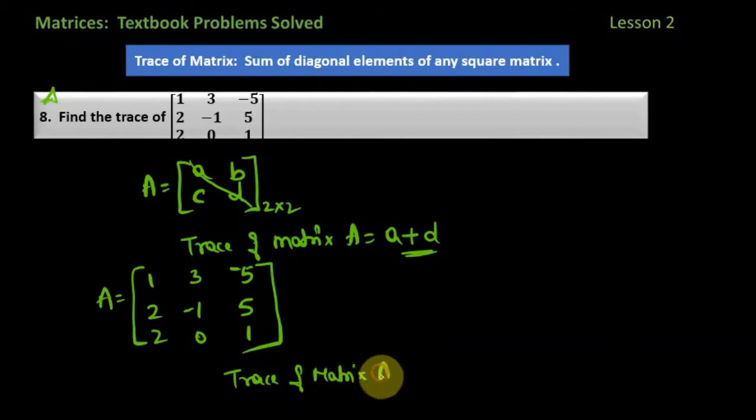Just now I said, what does trace mean? Simply add the diagonal elements. So what are the diagonal elements here? 1, plus minus 1, again plus 1, isn't it? 1 minus 1 plus 1. If you add these, what will you get? You will get 1. So this is the trace of the given matrix. Okay, now we'll do the next problem.